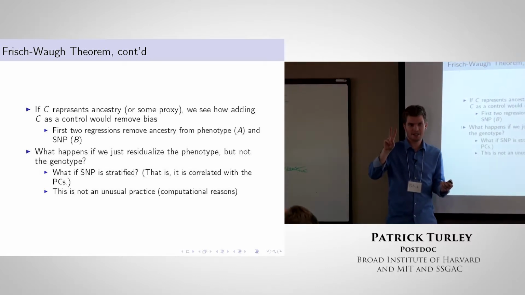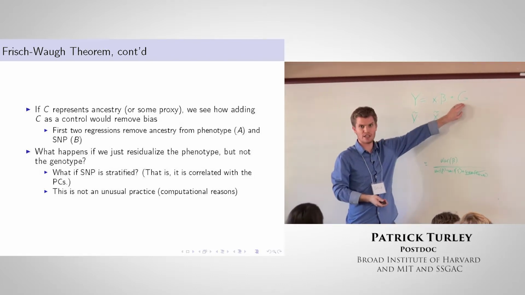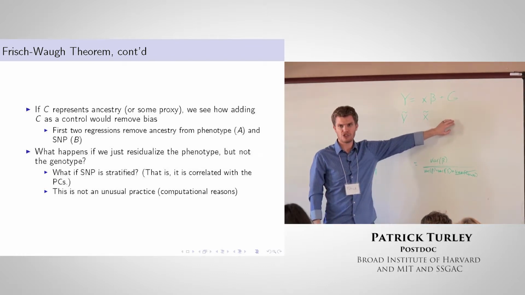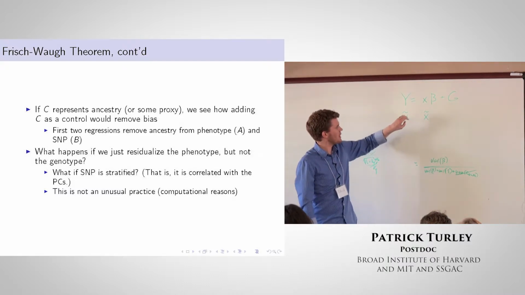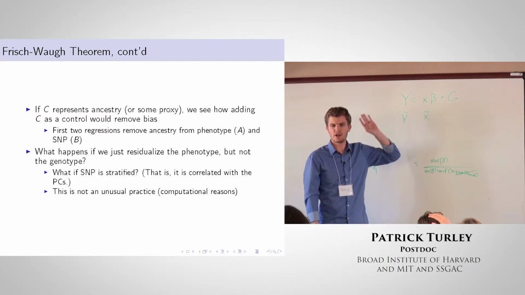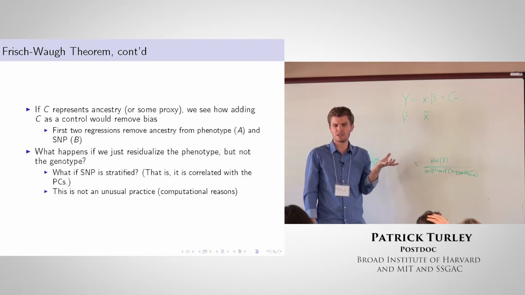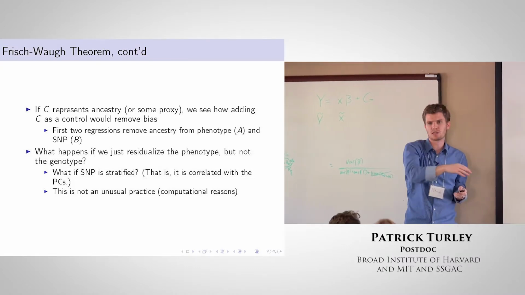One was correlation of the x's with g, but this x tilde, by construction, is not correlated with g, so that bias goes away. The other was correlation between the x's. If we've regressed each of the x's on g, then all of them are uncorrelated with ancestry, so if before they were correlated with each other because of ancestry, they're not correlated in that way anymore.